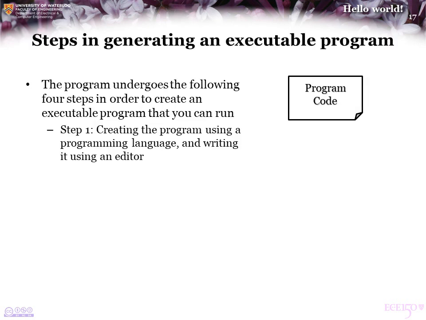So the first step you take is you author the program using your programming language of choice. And you're going to be doing this in some sort of editor. And if you're using an IDE or integrated development environment, that IDE will include an editor with the whole ensemble.